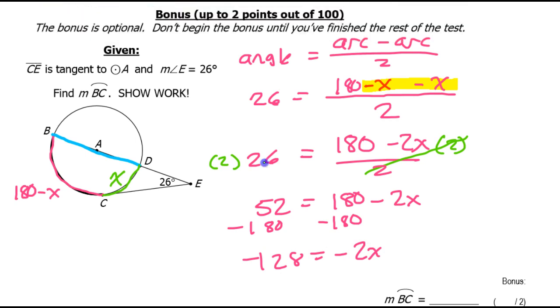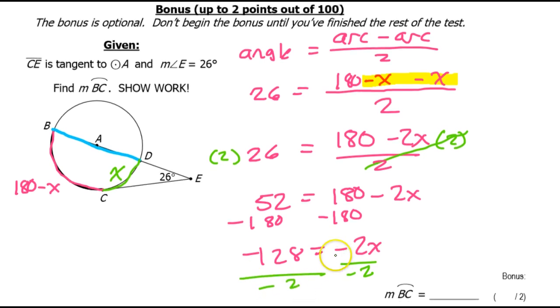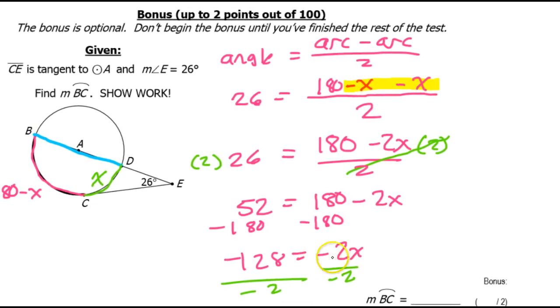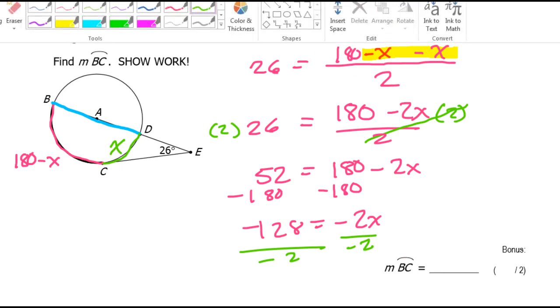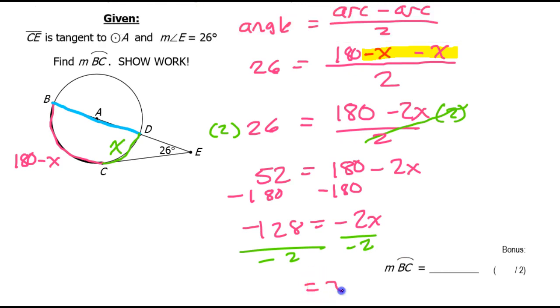Then I just need to divide both sides by negative 2. So that is going to give me 64. Positive 64.